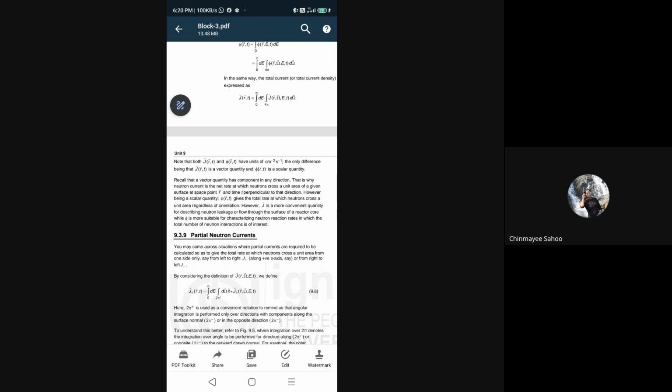The only difference is that J is a vector quantity and phi is a scalar. So a vector quantity has a component in any direction. That is why neutron current is the net rate at which neutrons cross a unit area of a given surface at space point r and time t perpendicular to that direction. However, being a scalar quantity, phi gives the total rate at which neutrons cross a unit area regardless of orientation.